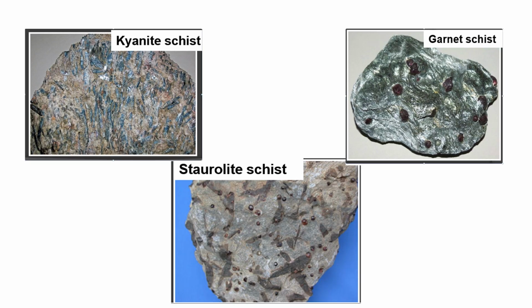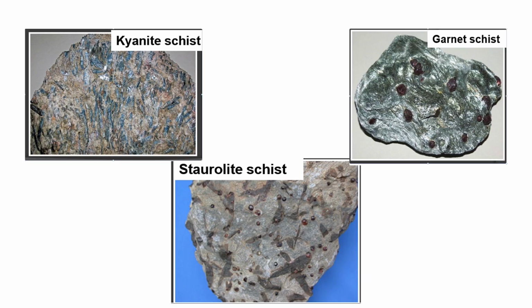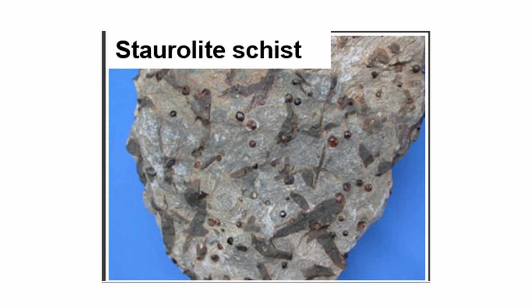So, mineralogical classification is a very good tool for understanding the evolution of metamorphic rocks. Here are few of the examples. This dark colored cross mineral is the staurolite, this is a staurolite schist, and we have some garnet as well in there. These are the brown colored garnet, small porphyroblasts of garnet, and these are staurolite porphyroblasts.